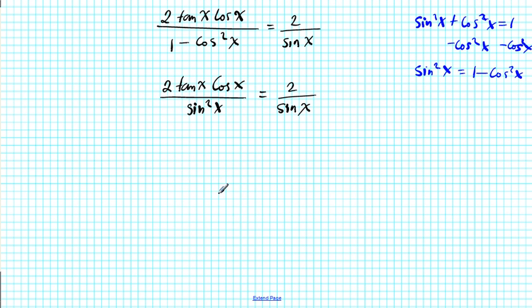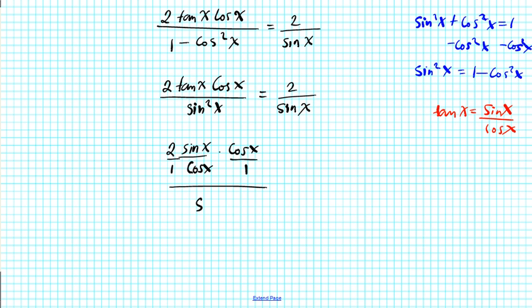Alright, now that I have it simplified as much as possible, I'm going to now attack my tan using what we talked about earlier, which is that tan x is sine x over cosine x, right? Alright, so let's do that. So I'm going to take this one out, and then instead of tan, I'm going to write 2 sine x over cosine x times cosine x. How about I just put this over 1, put that over 1, so that everything is nice and neat.